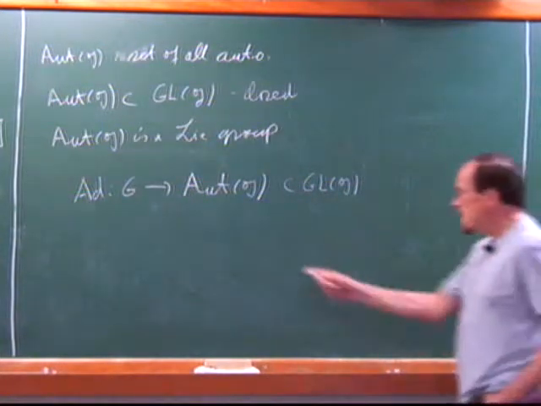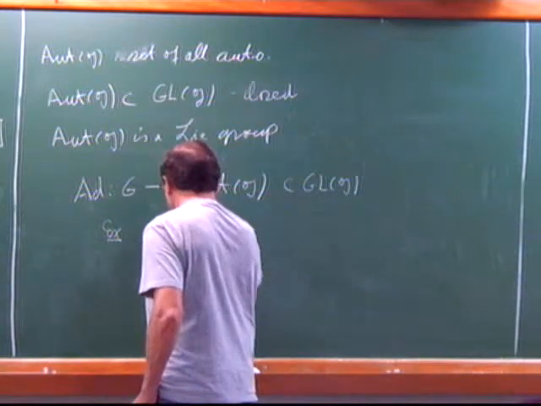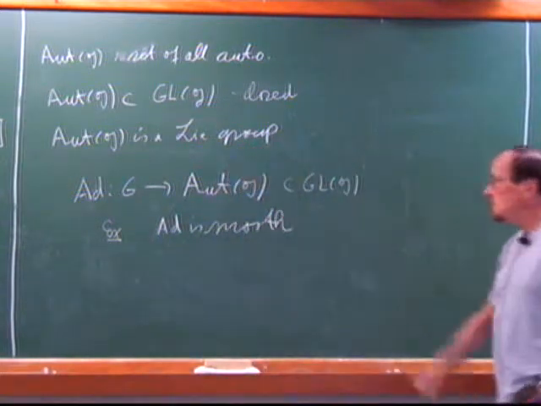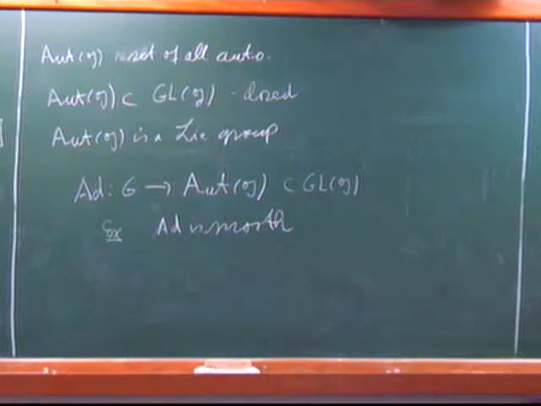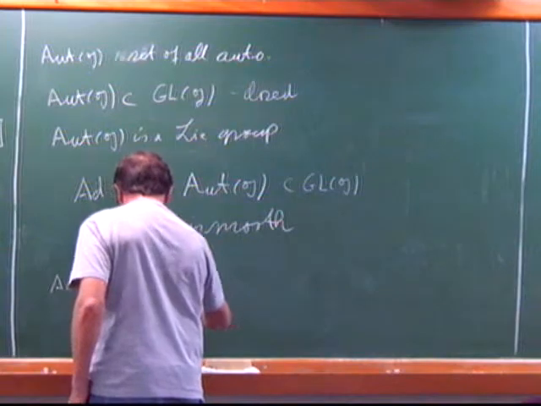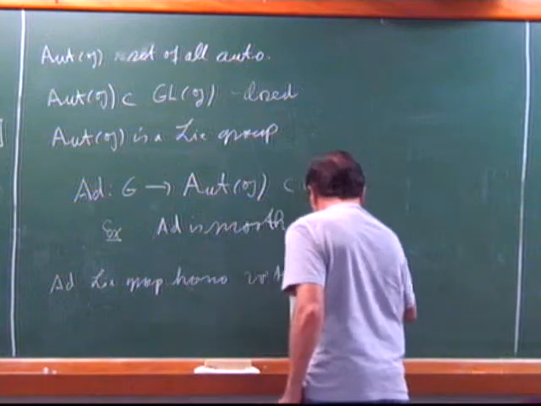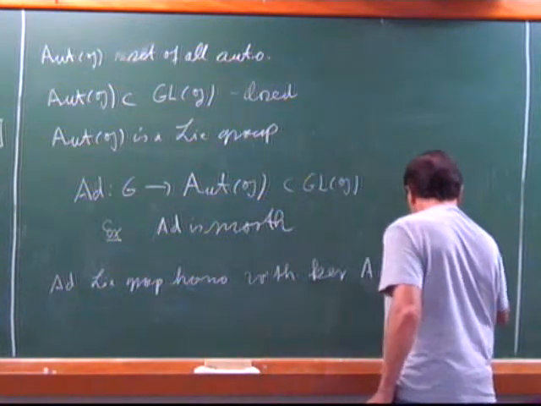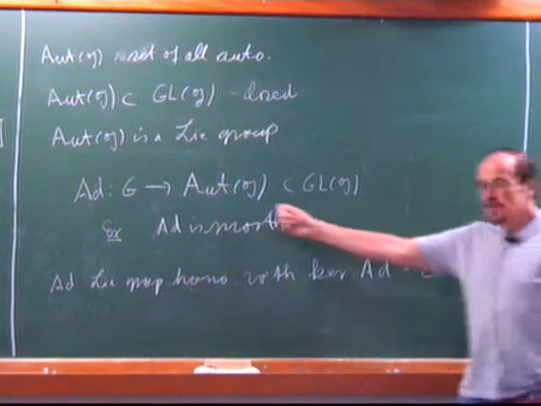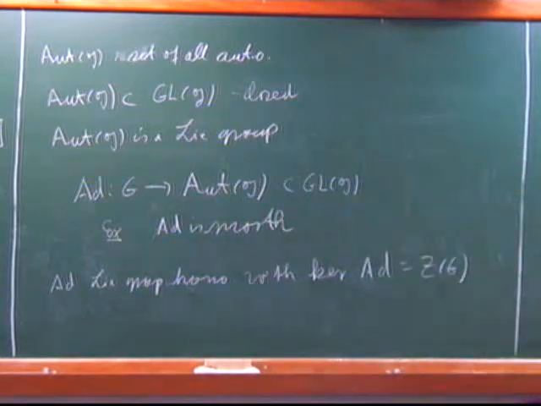And I think one of the exercises was to show that Ad is smooth, and hence a Lie group homomorphism with kernel the center. Right. That's useful. But the image is not everything, so a little bit later today we'll come back to what the image in here looks like. They don't all look like that.